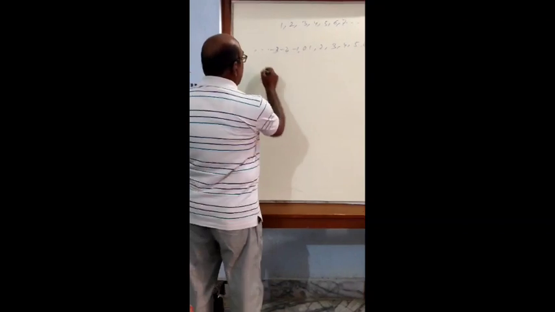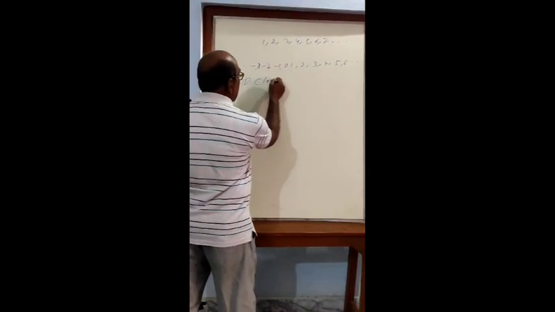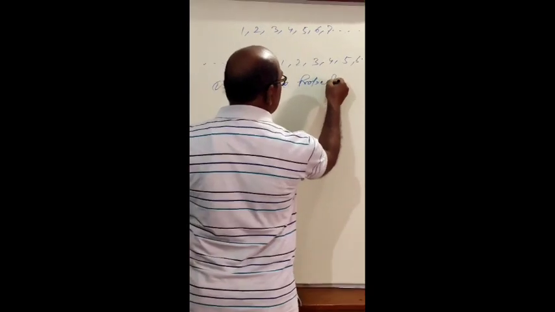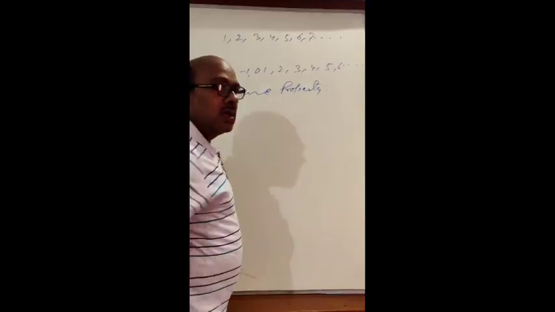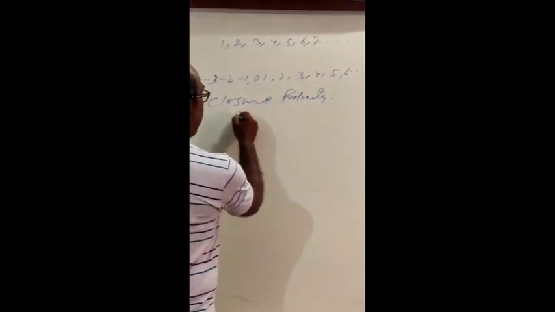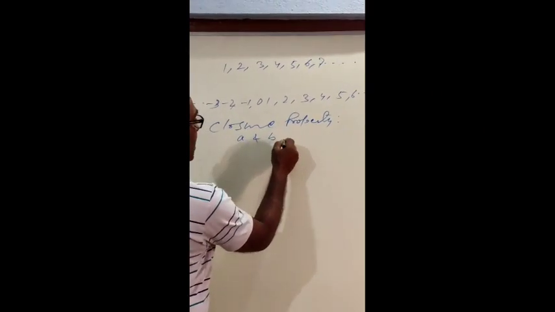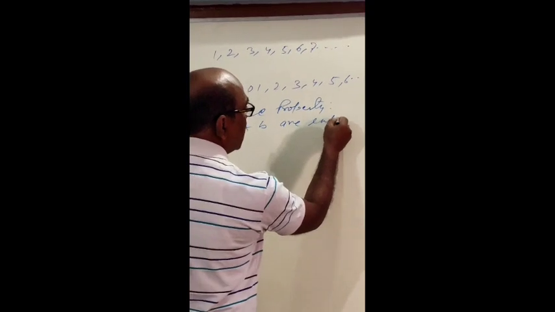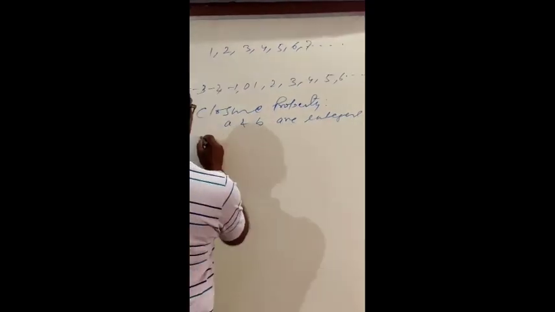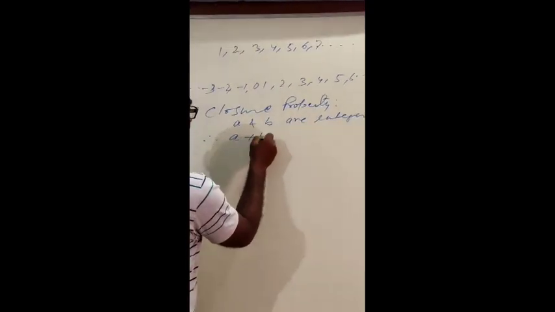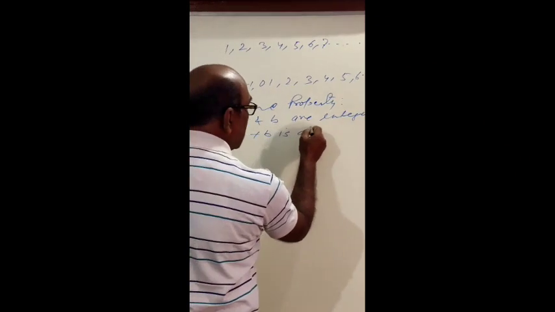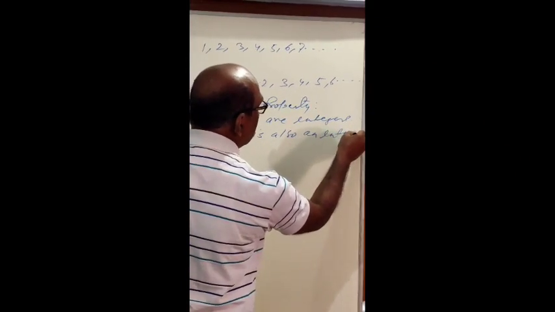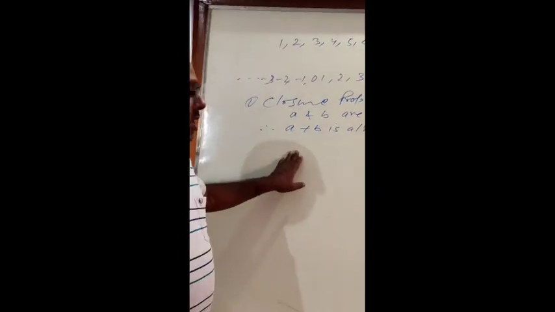First, the closure property: if A and B are integers, then A plus B is also an integer. This is the closure property.